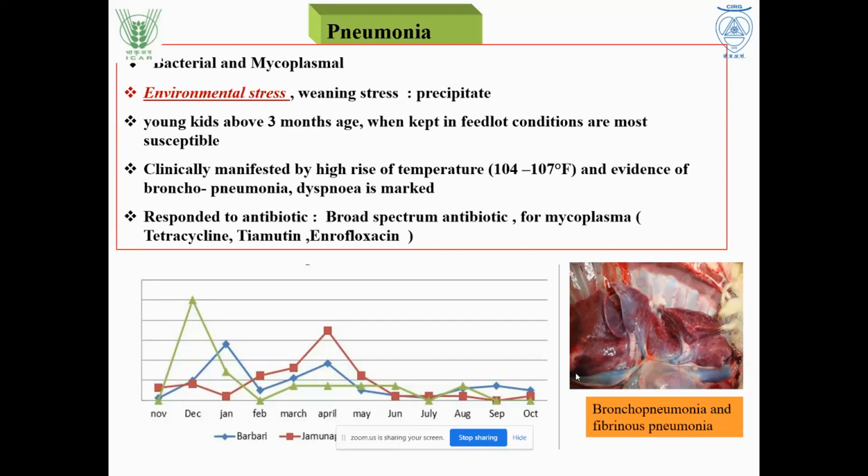Against mycoplasma, only 3 drugs respond: tetracycline, tiamulin, and enrofloxacin. So your selection should be a better approach to control pneumonia. Otherwise, pneumonia is associated with managemental factors. You have to avoid sudden environmental shock, cold shock, heat shock, or weaning stress. If you manage the stress, you manage the pneumonia.